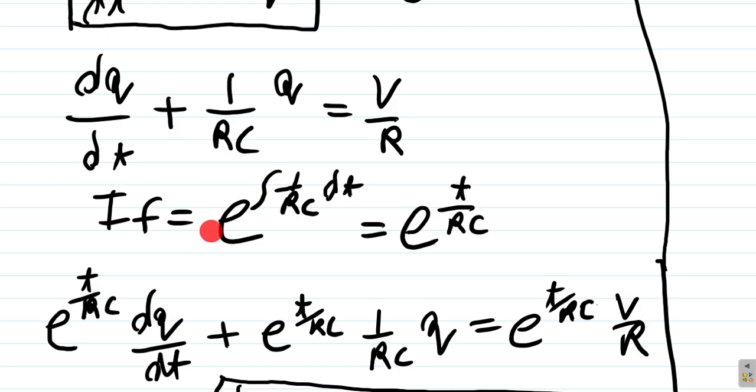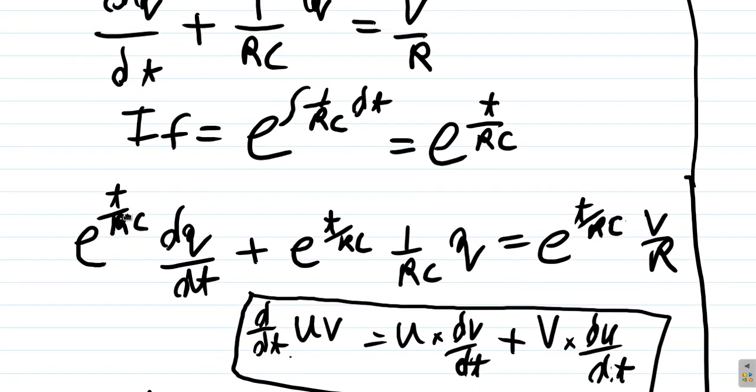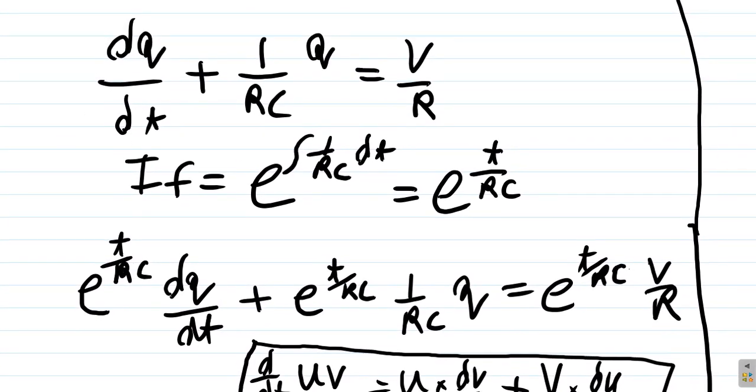So you multiply both sides by the integrating factor, and you get e to the t over RC times dq by dt plus e to the t over RC times 1 over RC times q equals V over R times e to the t over RC.